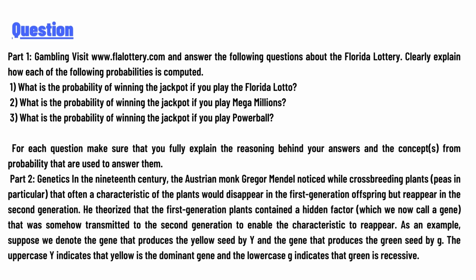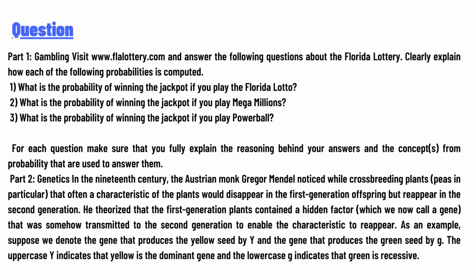Part 2, Genetics. In the 19th century, the Austrian monk Gregor Mendel noticed while crossbreeding plants that often a characteristic of the plant would disappear in the first generation of offspring but reappear in the second generation. He theorized that the first generation plants contained a hidden factor, which we now call a gene, that was somehow transmitted to the second generation to enable the characteristic to reappear.